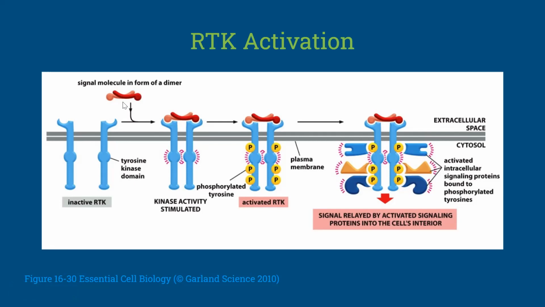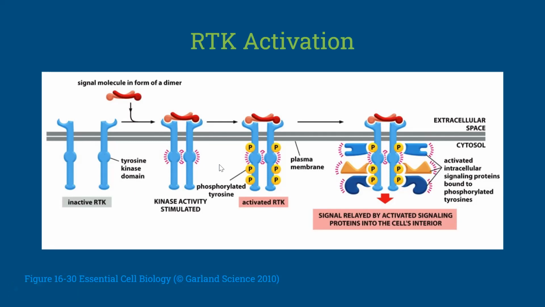A dimer is basically when two proteins or molecules come together and form their own functional unit. So they bind to the receptor domains of the RTKs, and this causes them to slide together and stimulate their kinase activity from these little tyrosine kinase domains.